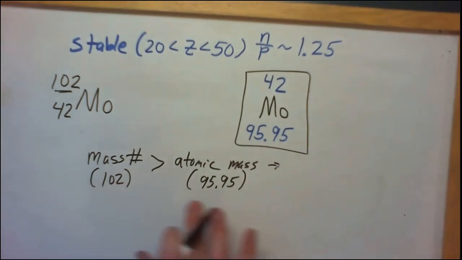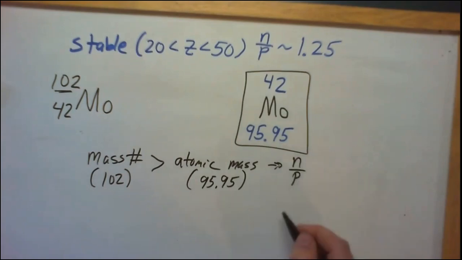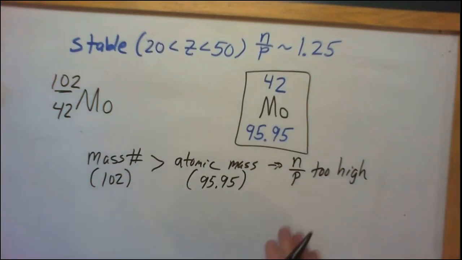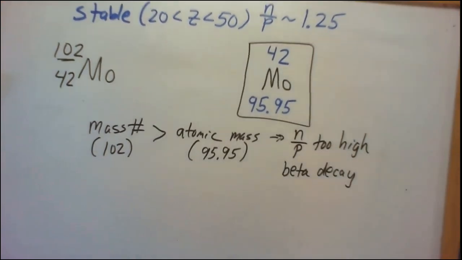Because the mass number is greater than the atomic mass, that means that the neutron-proton ratio is too high. And because the neutron-proton ratio is too high, we expect beta decay. We expect this particular isotope should emit a beta particle to become more stable. So that's one way to come to this conclusion.